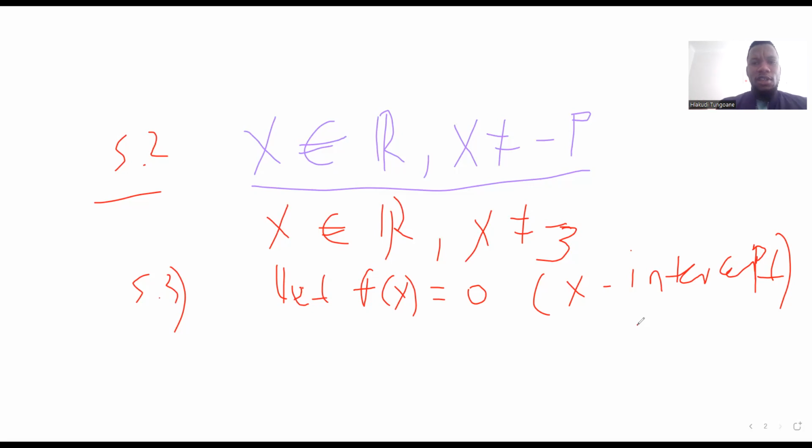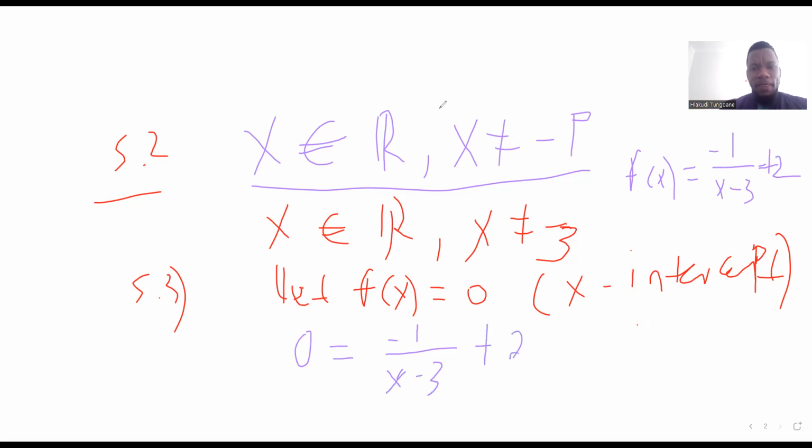Remember, I'm just going to write it on the side here. Our f of x is given by minus 1 over x minus 3 plus 2, right? Okay, so which means we're going to let that f of x equal 0. So we're going to have 0 equals minus 1 over x minus 3, sorry, plus 2, right?